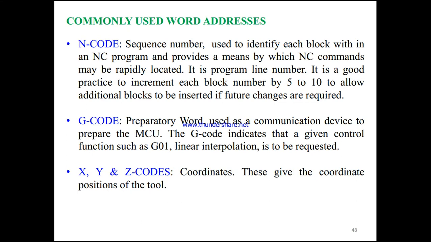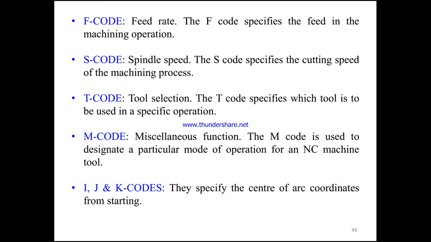So we have G01, G05 and so on, which are used for interpolation, or for circular formats, or other preparatory functions. X, Y, Z codes are the coordinates, which give the coordinate position of the tool. F code is the feed rate. The feed code specifies the feed in the machining operation.